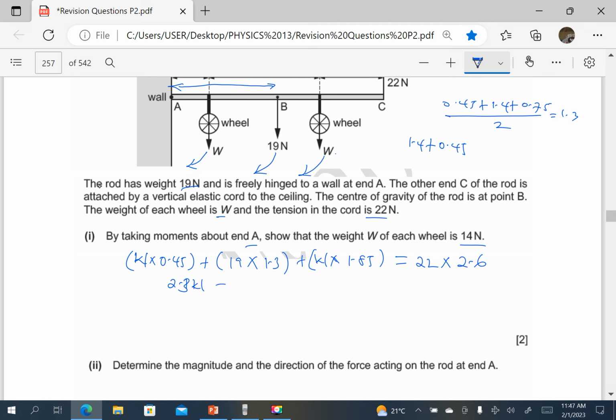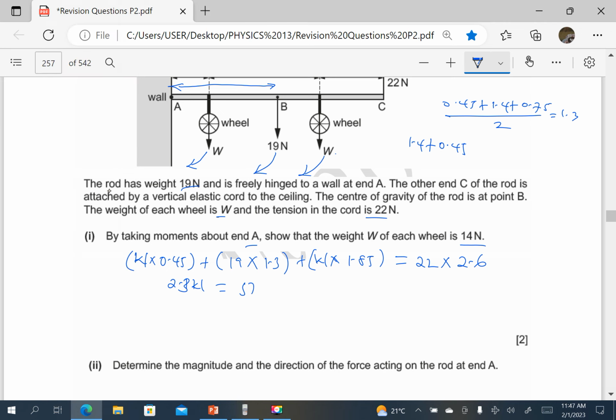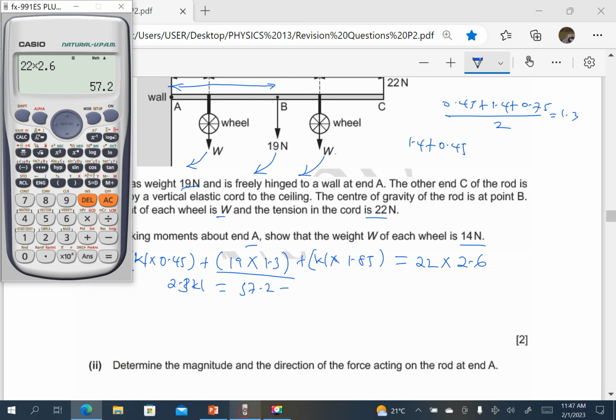2.3 W should be equal to, the other side we have 22 times 2.6, that is 57.2 minus, I'm taking this one also to the right hand side, 19 times 1.3, that is 24.7.